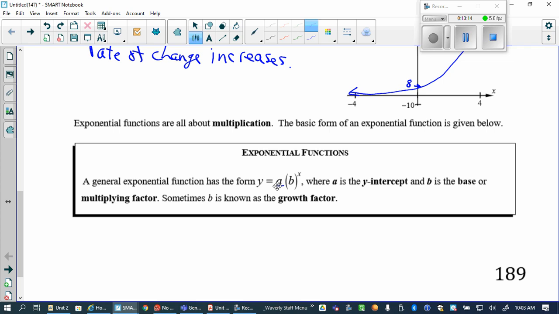It's called the base sometimes too, right? But the B is the number you're multiplying the starting amount by, like doubling it so it's 2, or cutting it in half so it's a half. So that's the number you're multiplying by. My mistake, the A is the y-intercept, or the starting amount, okay? And B is the growth factor. And X is the number of times you multiply it, okay?